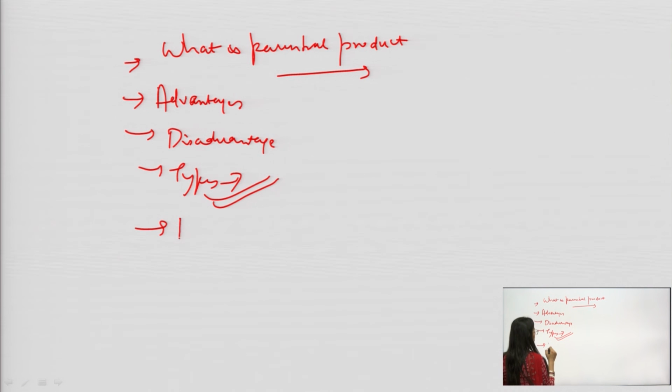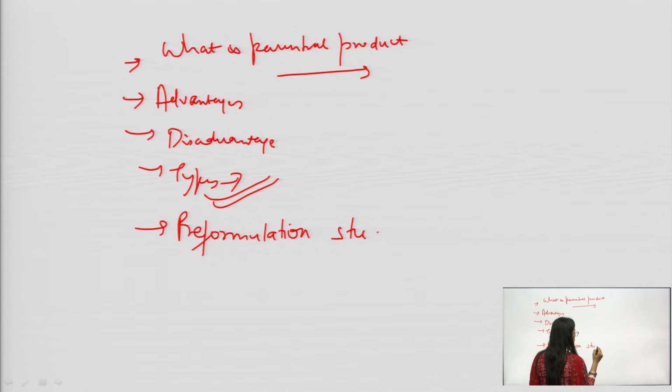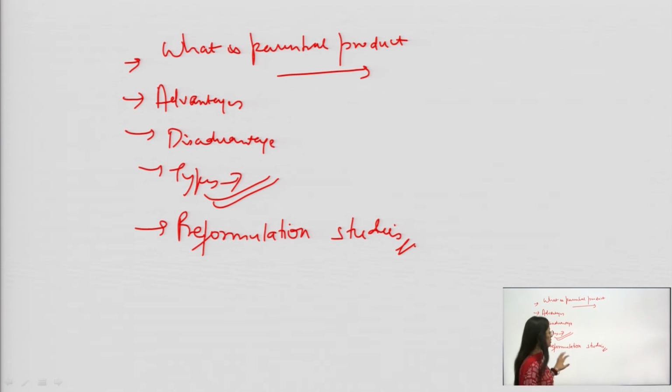Moving on, we have preformulation studies. Preformulation studies play a major role. When you are learning this topic, you should have some proper basics clear. This is a very basic introduction of this particular unit that we covered, the introduction, advantages and disadvantages, because we should know the basic advantages and disadvantages.